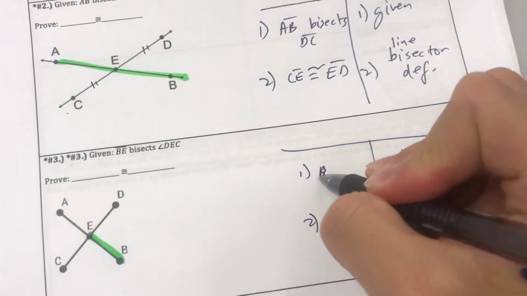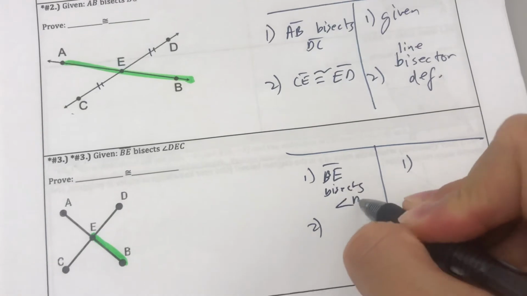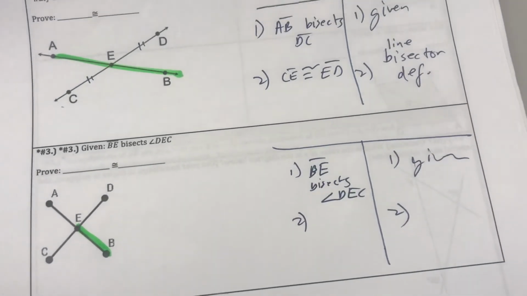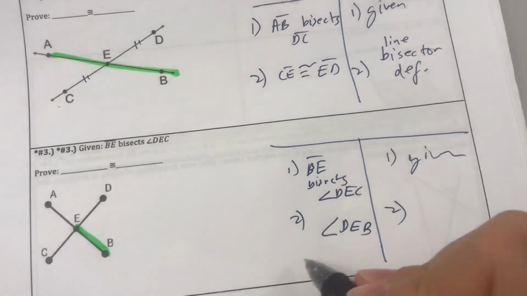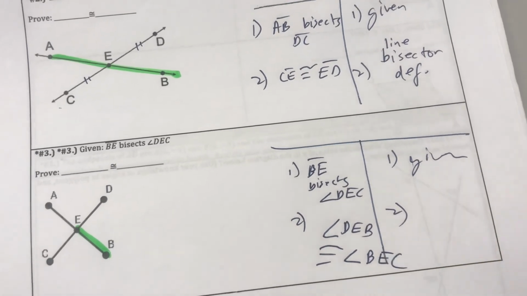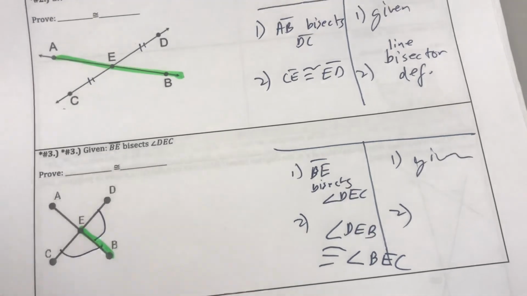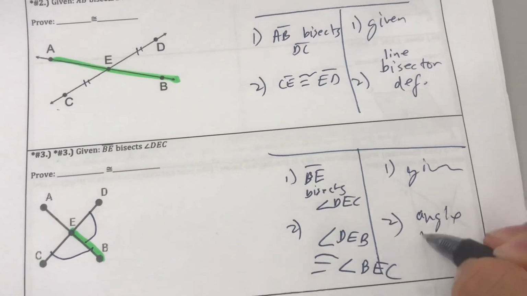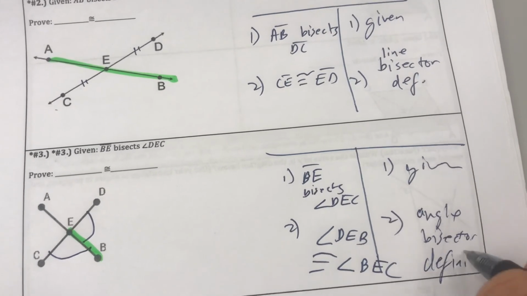Well, if we know that BE bisects angle DEC, and this is given, then the one thing that we conclude is that angle DEB has to be congruent to angle BEC. Why is that? Why is DEB congruent to BEC? Well, simply because of the angle bisector definition. It's that simple, guys.